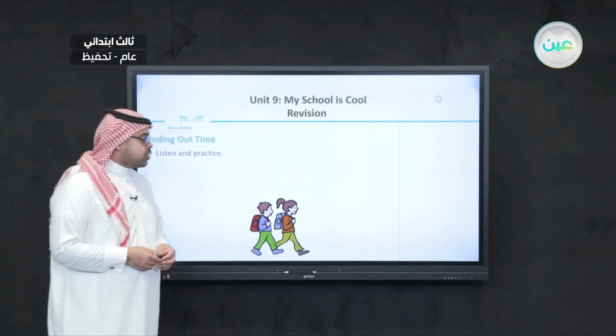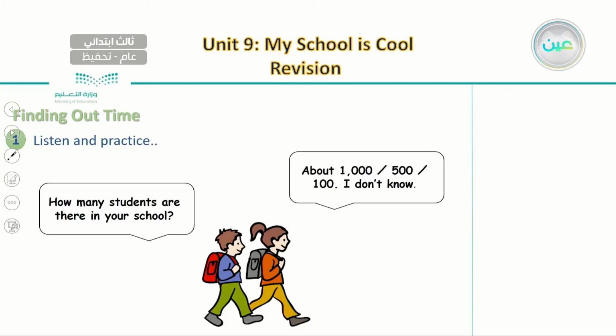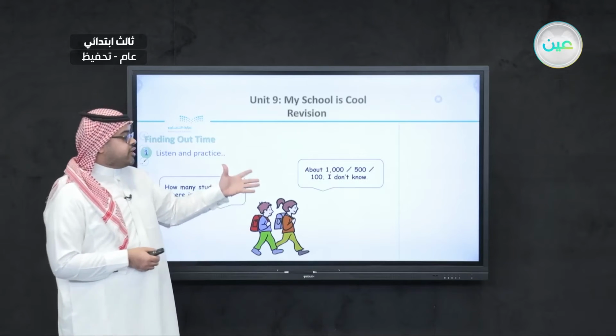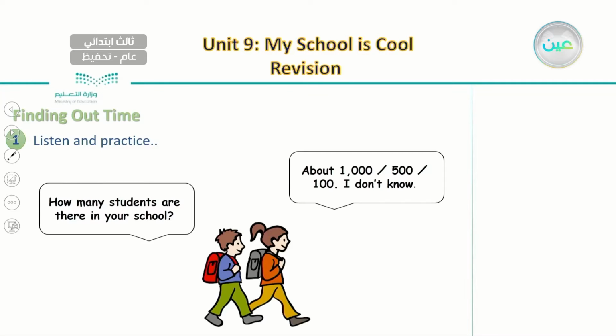Also, the other question we learned is, how many students are there in your school? And the answers we found were either we say about 1,000, about 500, about 100, or I don't know.